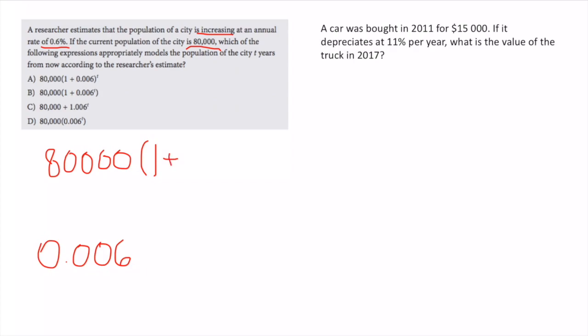So 1 plus 0.006, and then in this case it's raised to the value of t, because we're going to measure this t years down the road. So instead of being x here, it's just a t. By combining those, I'm left simply with a as the correct value.